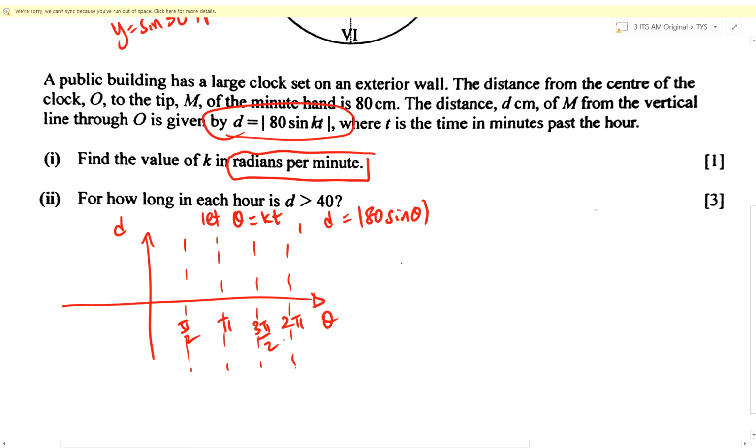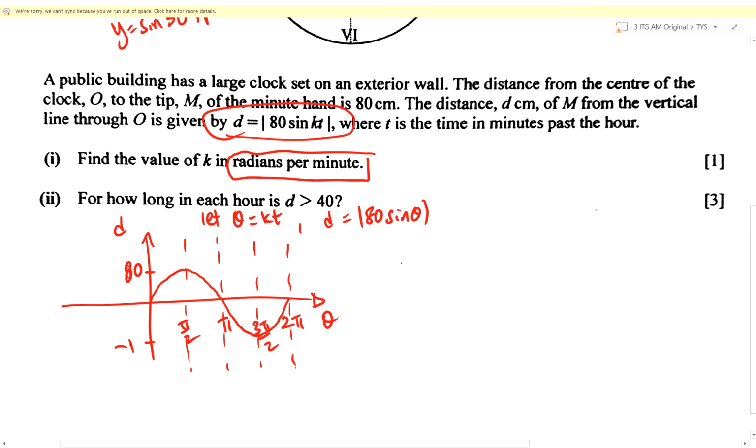What is the shape of our sine graph? It starts from 0. It reaches a maximum point. It goes down to 0 again. Goes down to the minimum point, and it goes up. This is 1 and this is negative 1. But because I want 80 sine theta, my maximum is changed to 80.